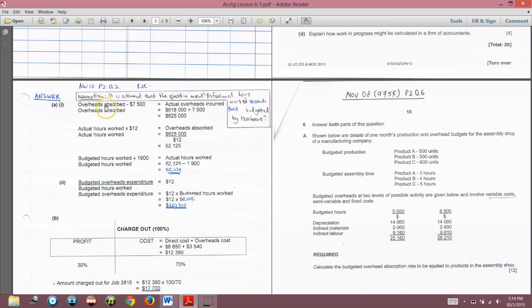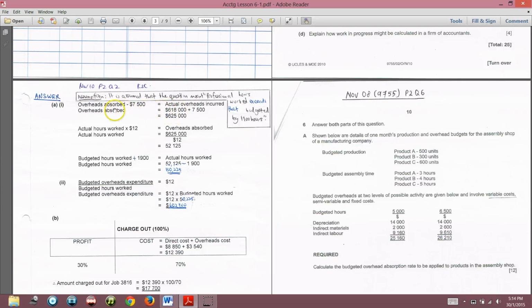So the overhead is over absorbed. Overhead over absorbed was 7,005. That means it's absorbed too much. So overhead absorbed minus 7,005 will be the actual overhead incurred. The actual overhead is 618.